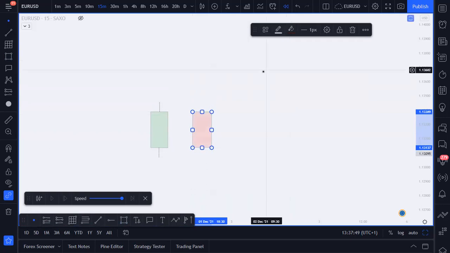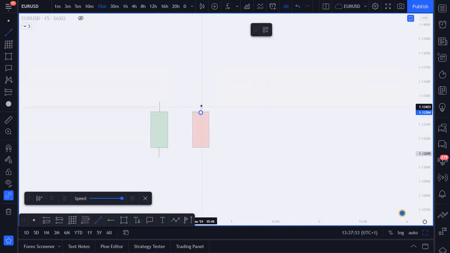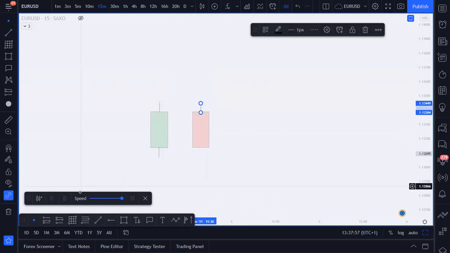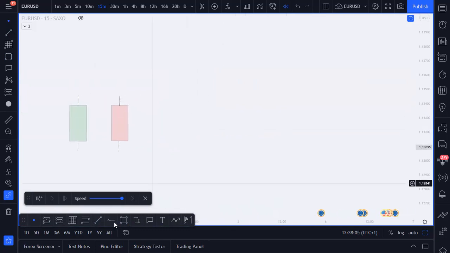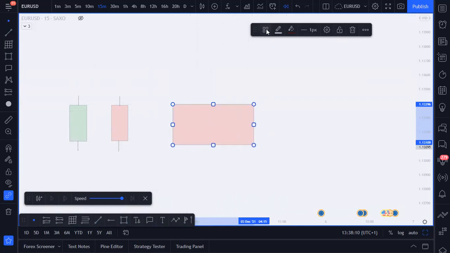And obviously it's gonna be red. You're going to have a wick above, and then a wick below, representing where it made the low or high of the day. So basically for this, we're gonna use the Asia range.